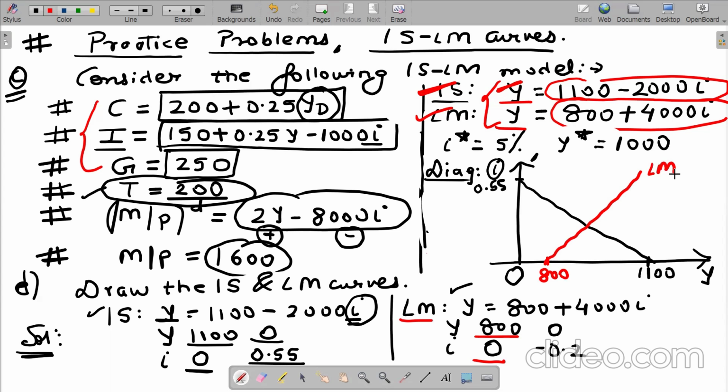So the black is my IS. The red is my LM. The intersection gives us 1000 as Y star, and 0.05, which is 5%, as my interest rate. So this is my diagram. So this is where I stop in this lecture.